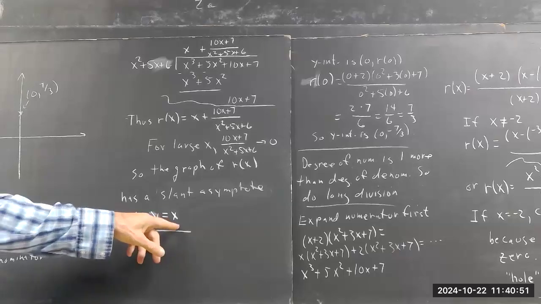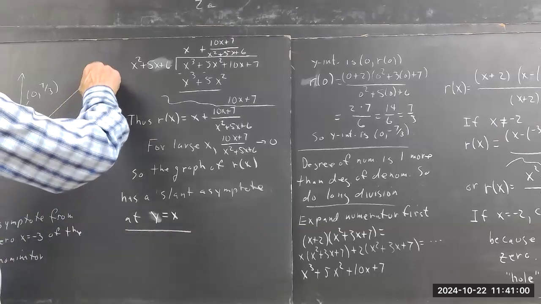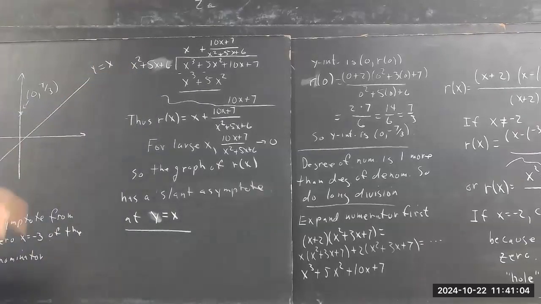Its long run behavior is just y equals x. Here's the line y equals x. It should have gone through the origin. I just missed it. But you understand? It's like this.